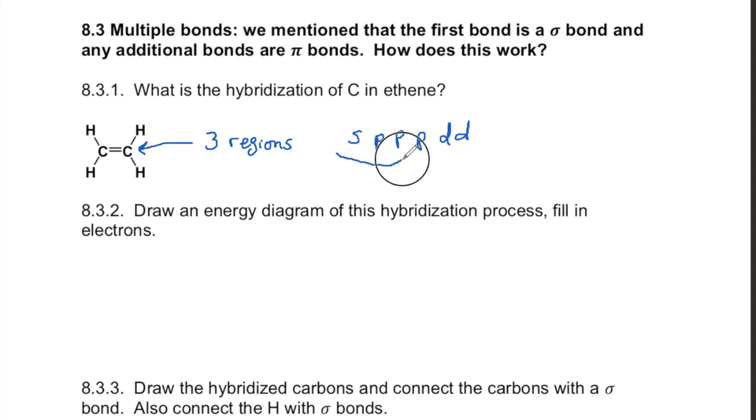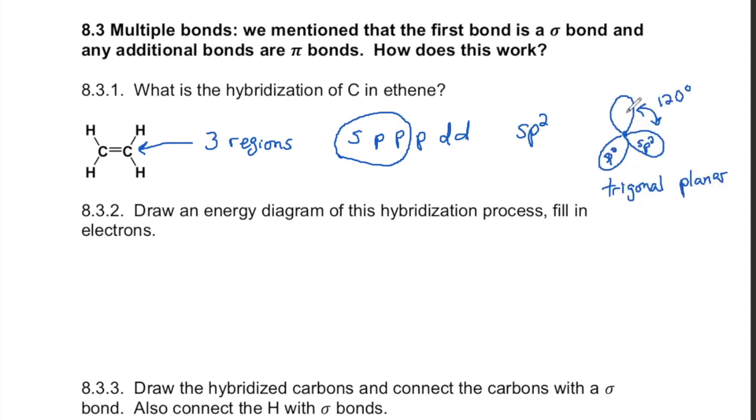So we are going to need to hybridize 3 orbitals together in order to get 3 hybridized orbitals for that carbon. So this is sp2 hybridization, and the shape of this is a trigonal planar shape. There are 3 sp2 hybridized orbitals in a plane, so it's a flat molecule, and they're spaced 120 degrees apart.